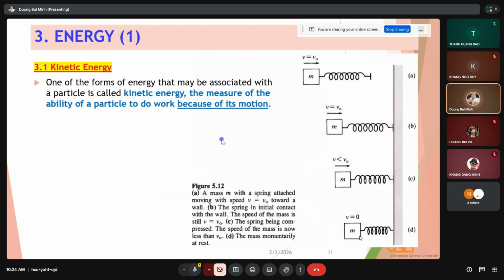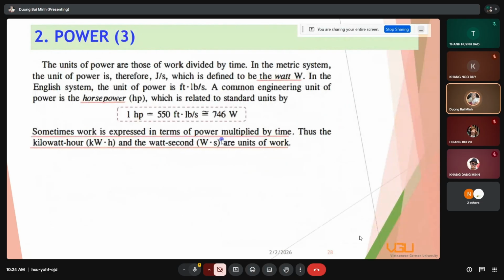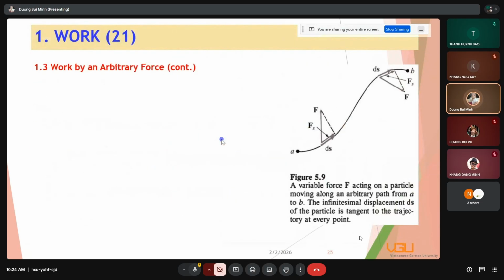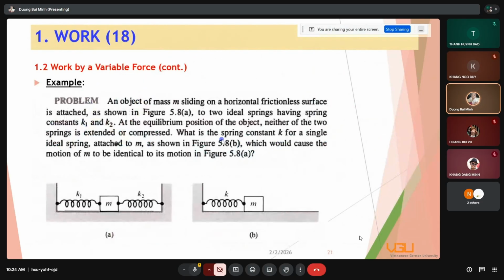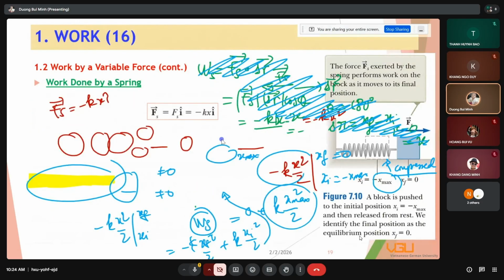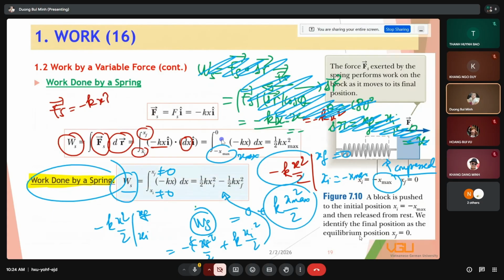Okay, so we continue. Here, one more thing I would like to mention to you: we cannot use these formulas. Why?